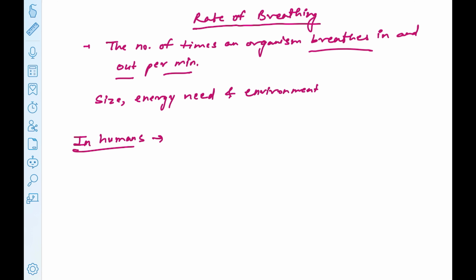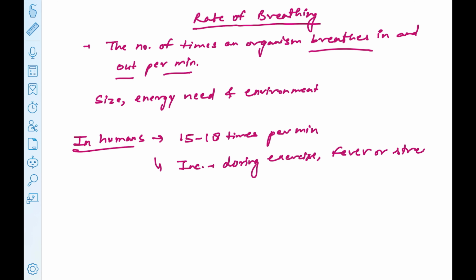The average breathing rate in an adult man at rest is about 15 to 18 times per minute. And this breathing rate increases during exercise, fever, or stress. Why does the breathing rate increase during exercise, fever, or stress? Because the body's oxygen demand rises and carbon dioxide removal needs to be faster.